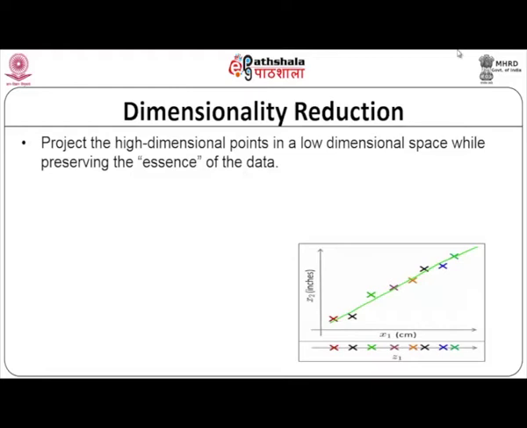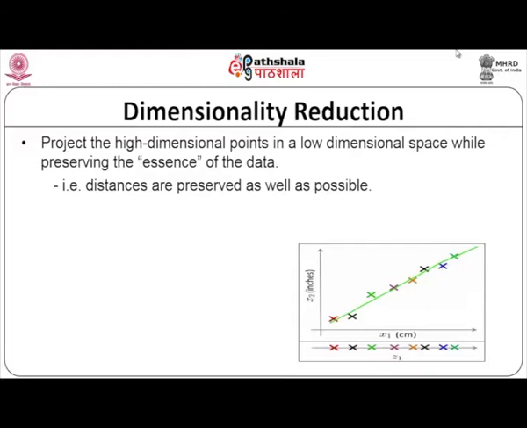So, now we go to dimensionality reduction. What is dimensionality reduction generally? You project the high dimensional points that you have, so you have three features, into a low dimensional space while preserving the essence of that data. This is called dimensionality reduction in a conceptual manner. Distances are preserved as well as possible when you project from high dimensional to a lower dimensional space.